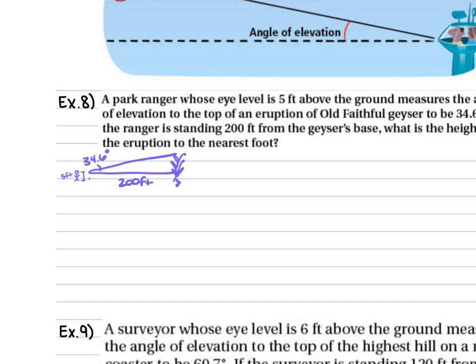What is the height of the eruption to the nearest foot? So the whole idea is to find the height of the eruption. So from here to here is just the eruption. The total is from the ground up. So our whole idea is to find from the ground up. So first we are going to find x, and then we're going to add x to the 5 feet.